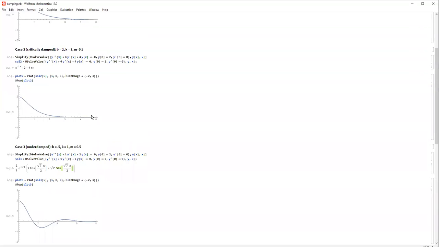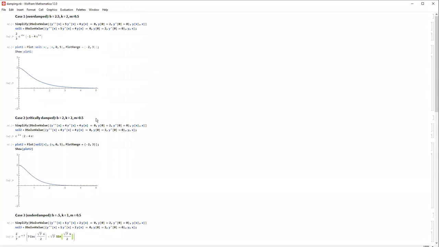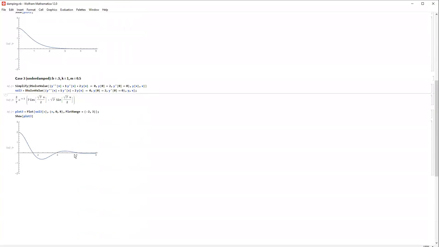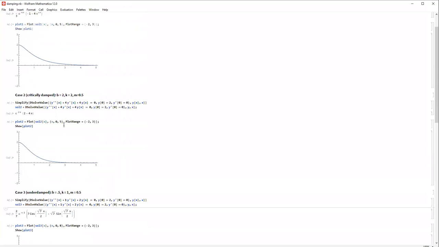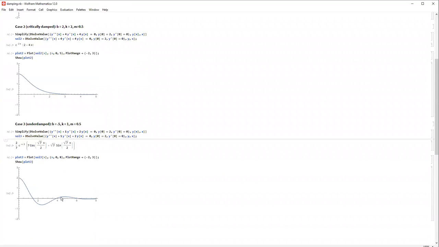So in terms of our solutions, those are the 3 cases. I'm just plotting here so you see the difference. In the first 2, we don't get oscillations, but in the third one, we do. And that corresponds to the damping forces not being too large, so they're small enough that the system does allow for some oscillation to happen.